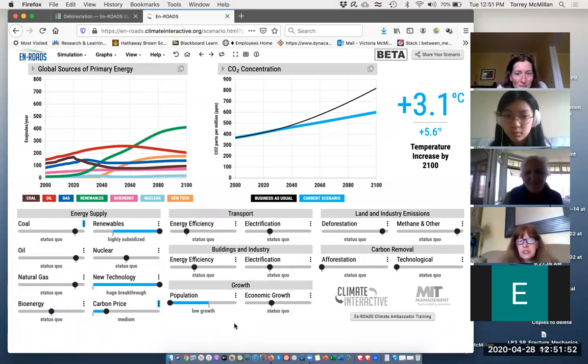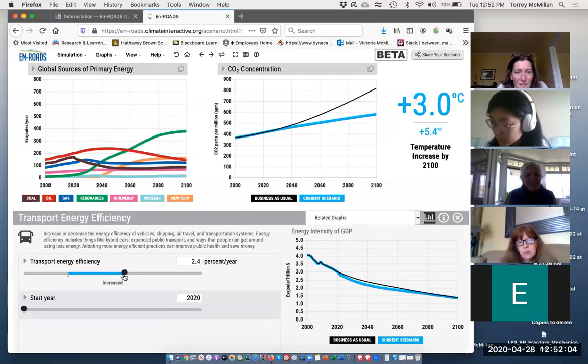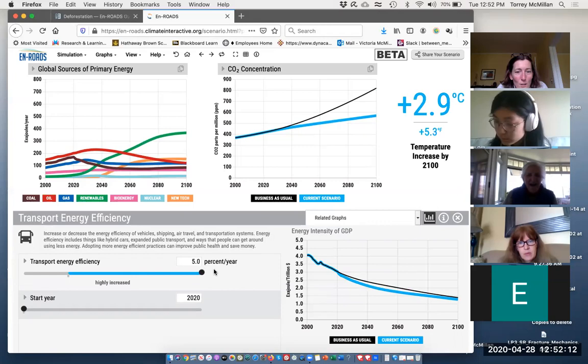How about transportation? What if we could maximize energy efficiency and electrification on both of those? Now we're down to 3.1, so we're moving in the right direction. We're improving our transport energy efficiency by 5% a year, which gets us down to 2.9.